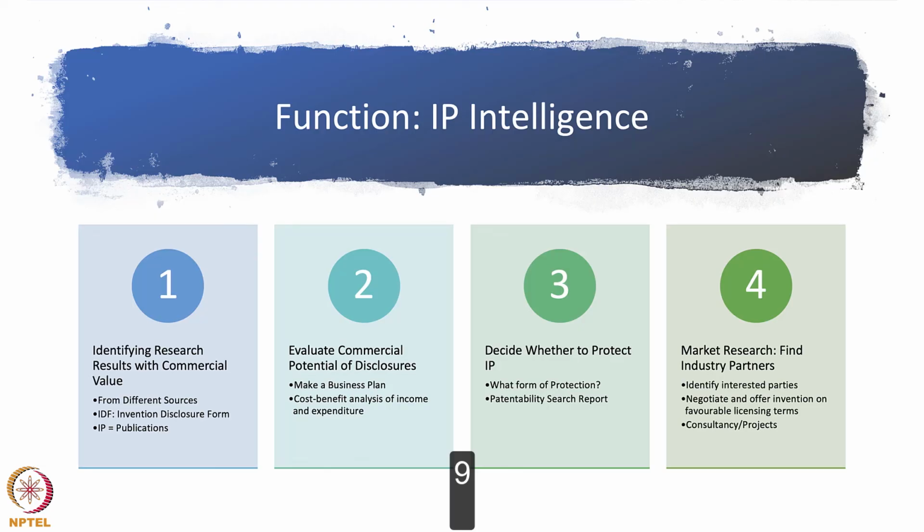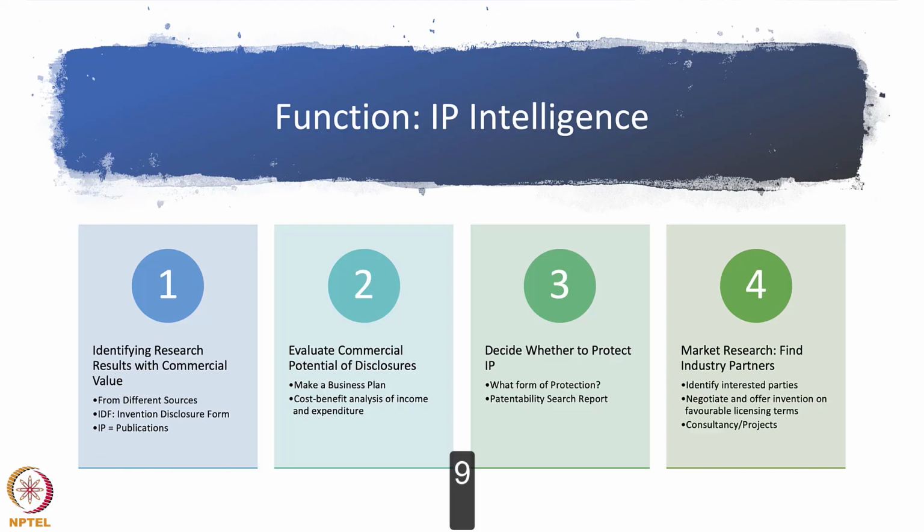of the invention. The third thing that an IP center can do with regard to IP intelligence is to take the call or decide whether to protect the IP. Now, there could be cases where the intellectual property right need not be protected by way of an IP.